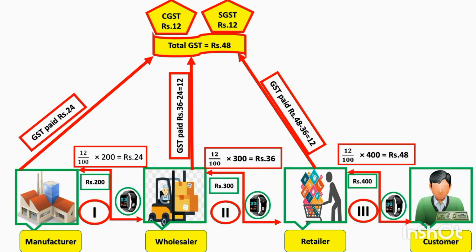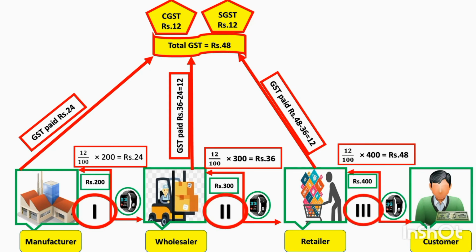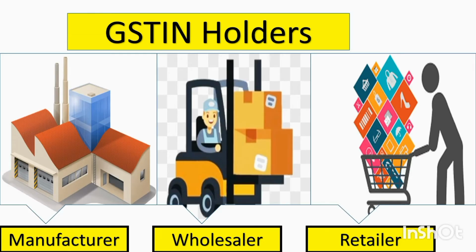In the above trading chain, indirectly all the tax is paid by the customer. That is, the watch that the customer purchases is of rupees 448. Here the manufacturer, wholesaler and retailer are GSTIN holders.